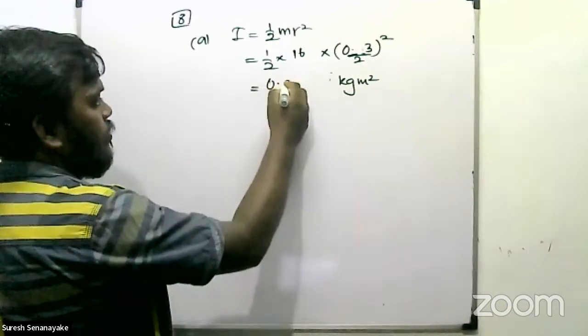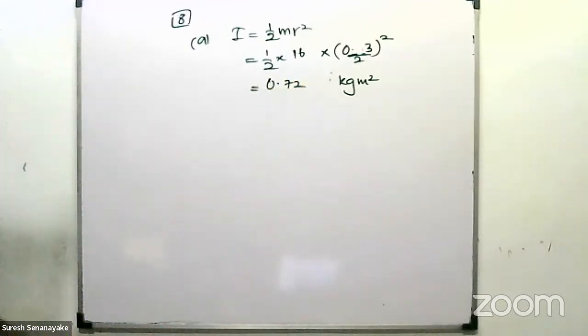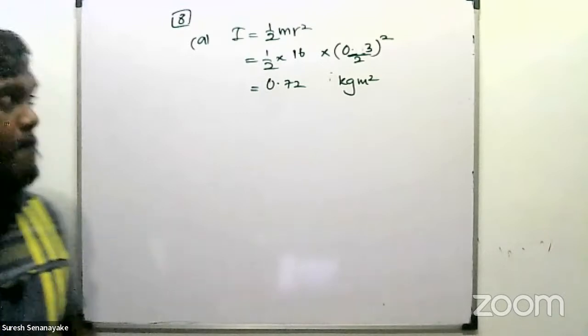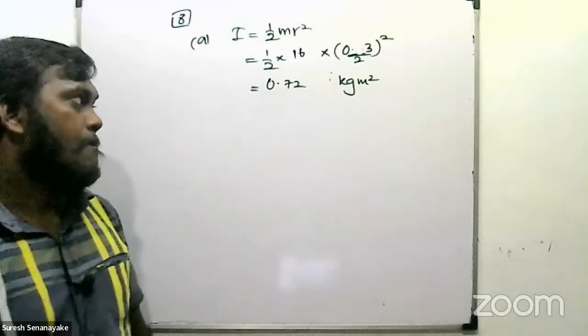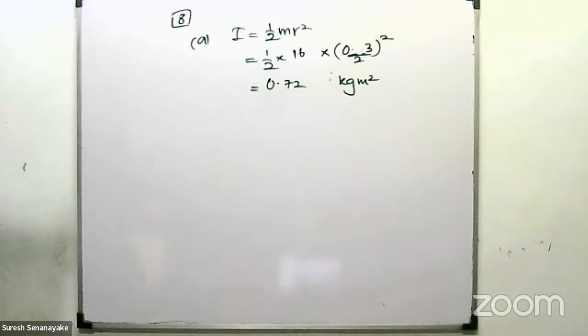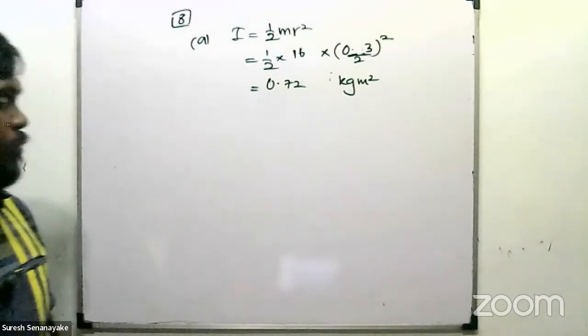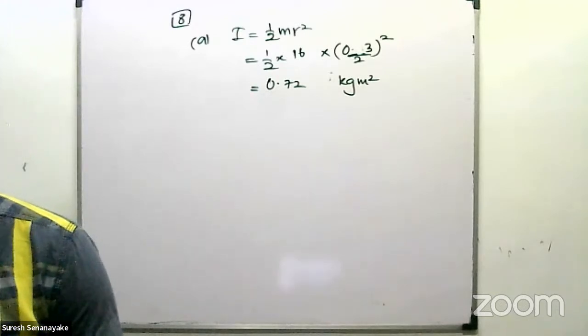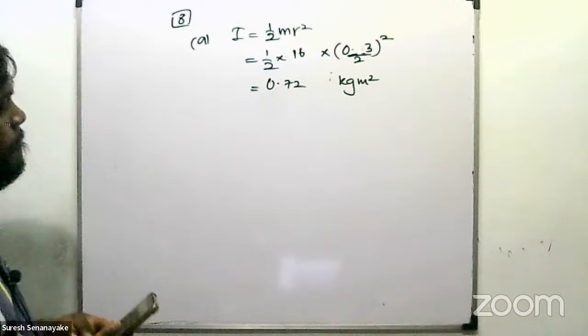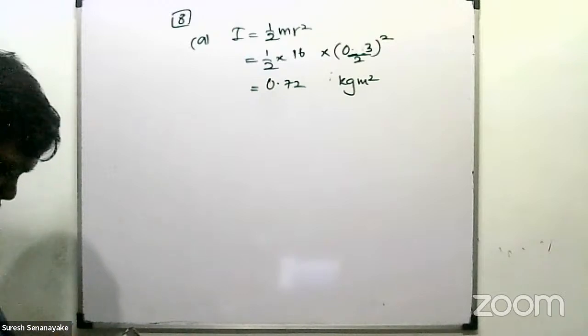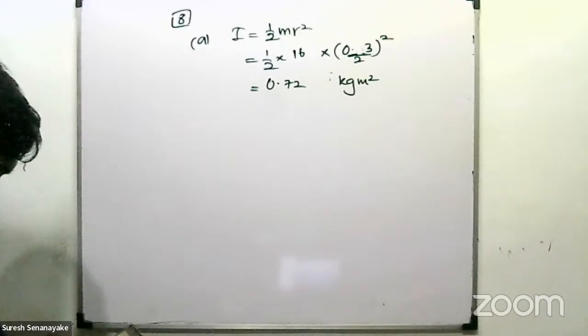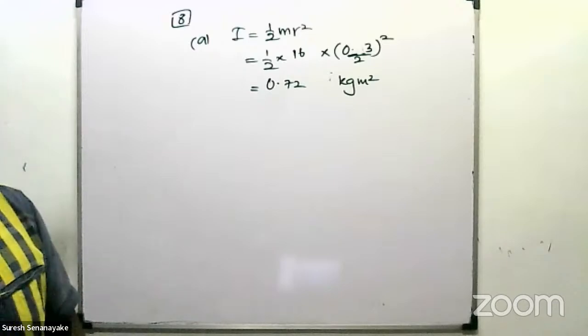It's about 0.72. And 8, 3, again 0.9. So 1.8 million.